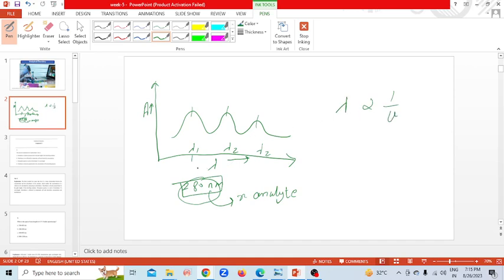So if you are moving to the right-hand side, lambda is increasing, meaning energy is decreasing. This concept should be clear.